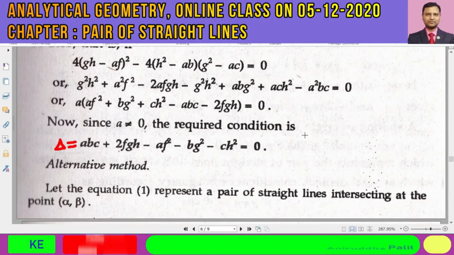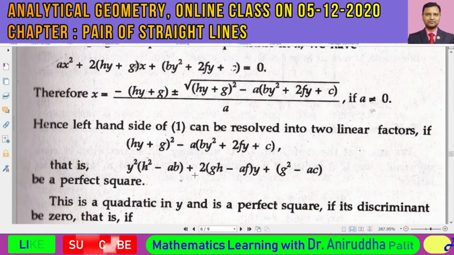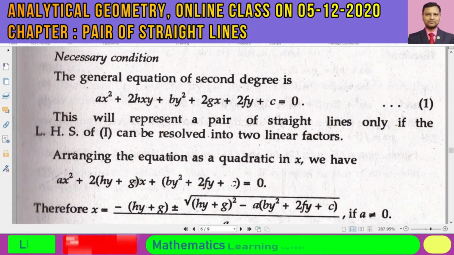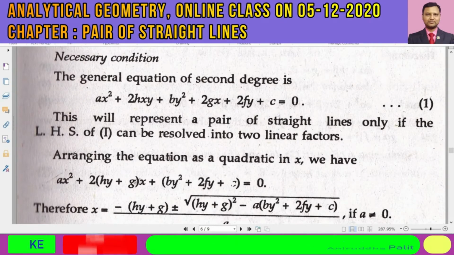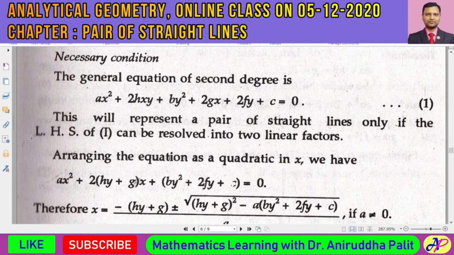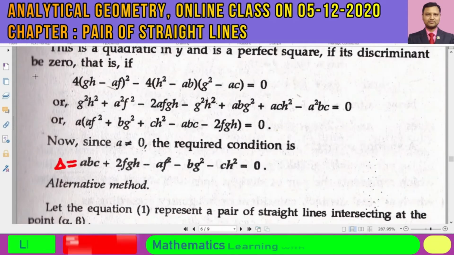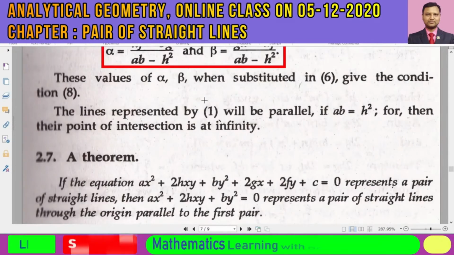Okay, but my proof would be a bit different from this proof, because I feel that my proof is much more comfortable. That's my personal opinion. I'm not imposing anything on you. So if you feel that the technique shown over here is easy for you, you can prove the result through this technique. However, the converse portion is not properly given over here.